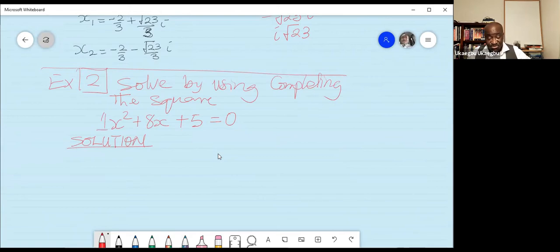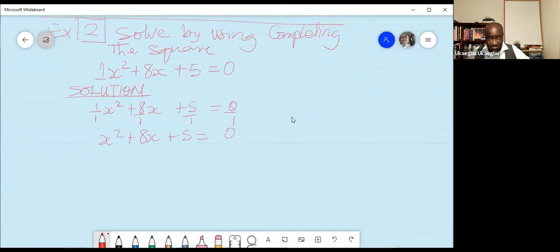But if you really want to follow it step by step, you can say 1 divided by 1 x squared plus 8 divided by 1 x plus 5 divided by 1 equal to 0 divided by 1. This is a step you can avoid, because the coefficient is already 1. So it comes back to the same equation: x squared plus 8x plus 5 equal to 0.